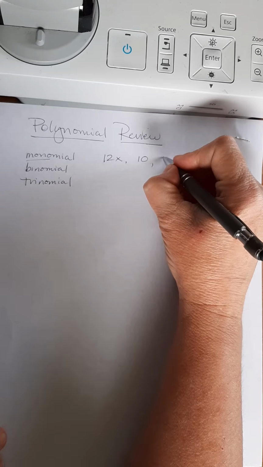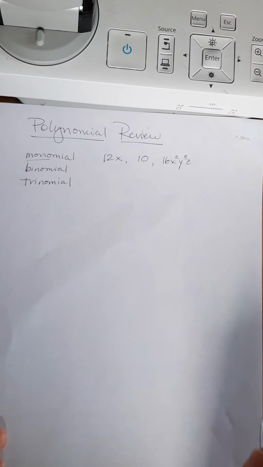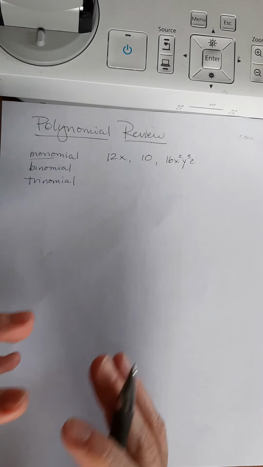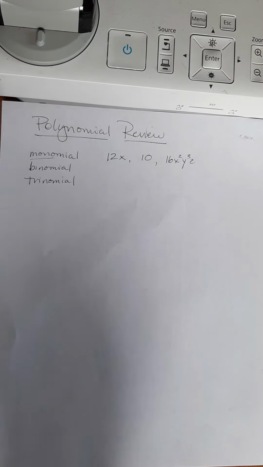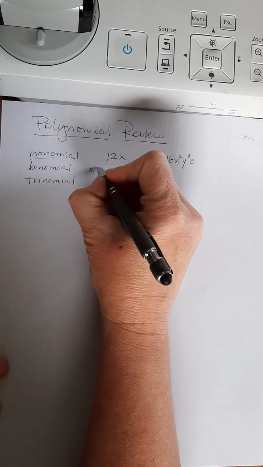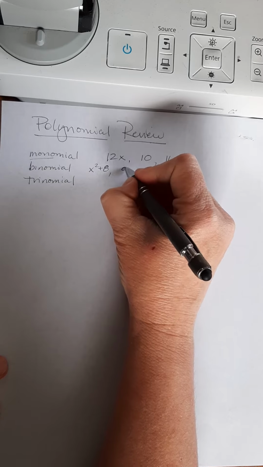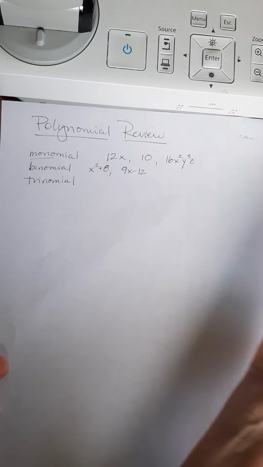You could even have something like 16x squared y cubed z. Still all multiplied together, still one term. Binomial means two terms. So it could be something like x squared plus 8. It could be 9x minus 12.